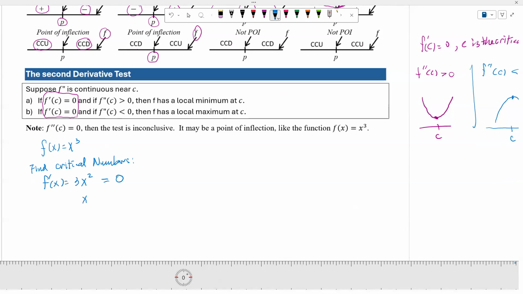When I solve it, of course I find that x equal to 0. Then f double prime of x will be 6x, and now you will see that f double prime of 0 is equal to 0.